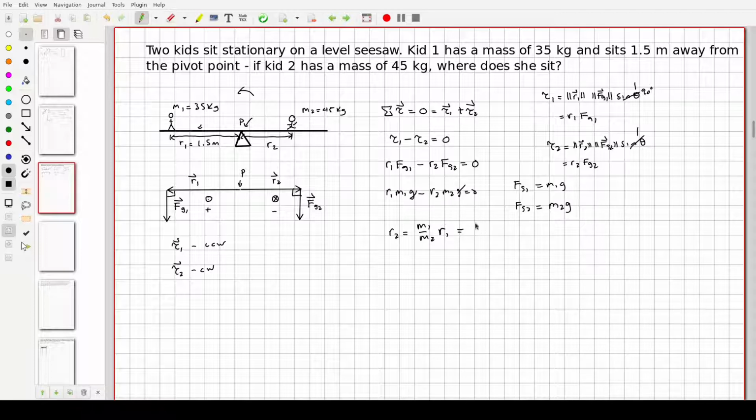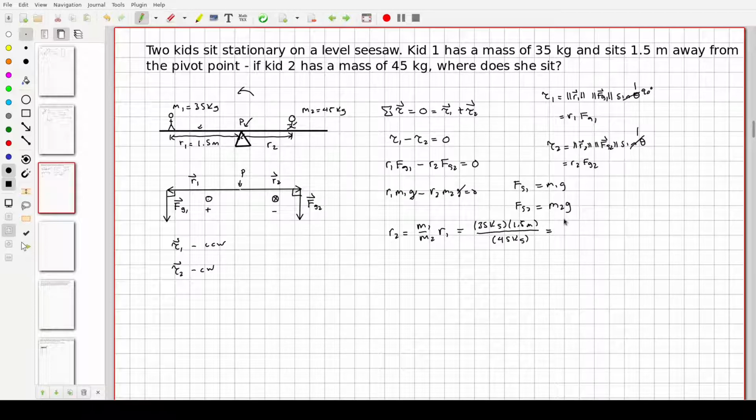And if you put the stuff in, M1, 35 kilograms, R1, 1.5 meters, M2, 45 kilograms.